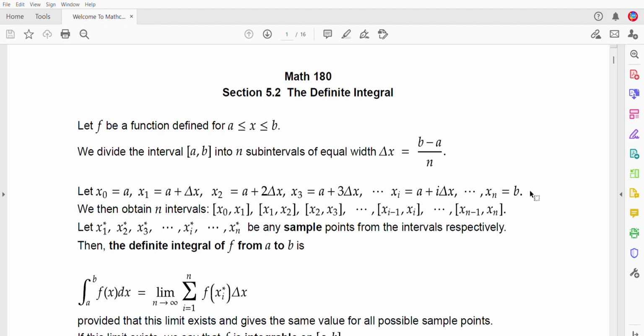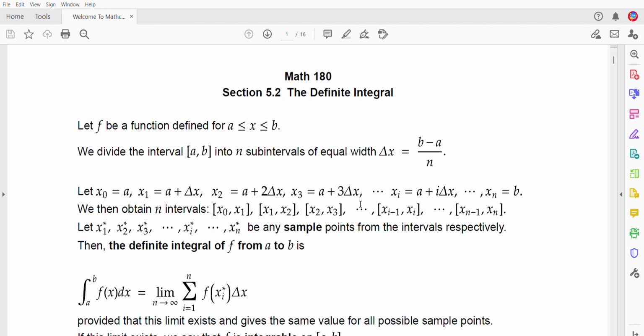Then we obtain n intervals: x0 to x1, x1 to x2, x2 to x3, and so on. The ith interval is x sub i minus 1 to x sub i, and the last interval is x sub n minus 1 to x sub n.